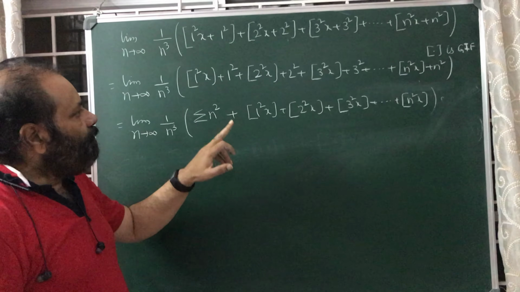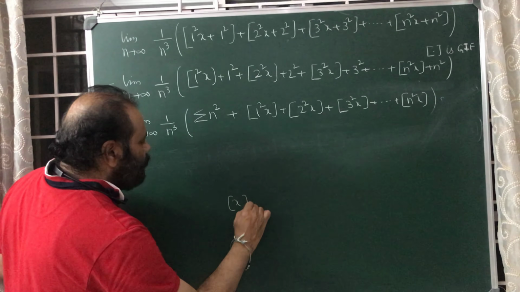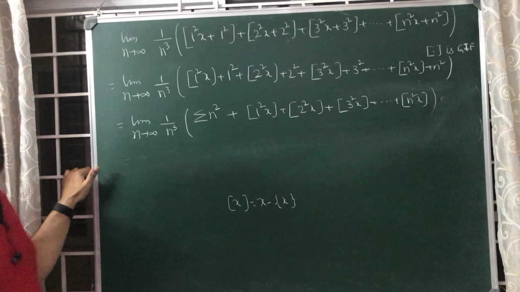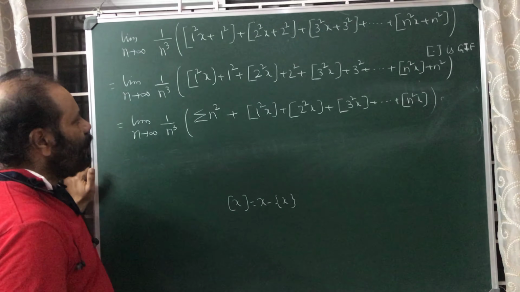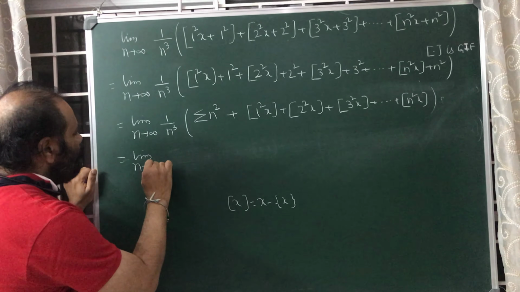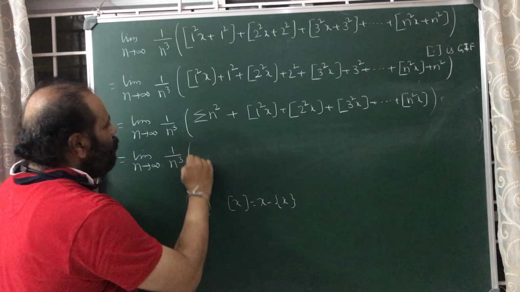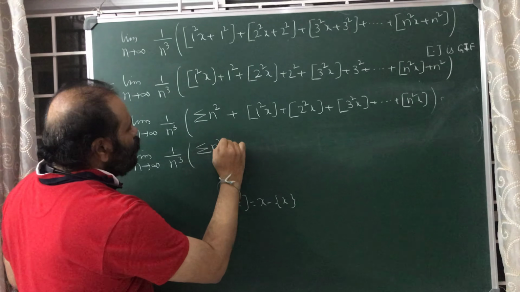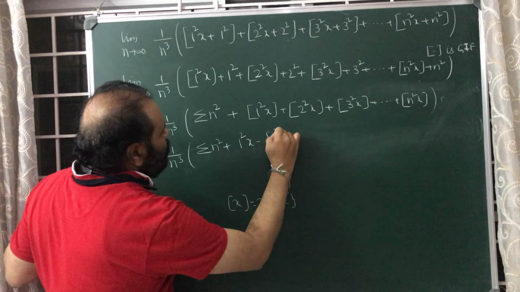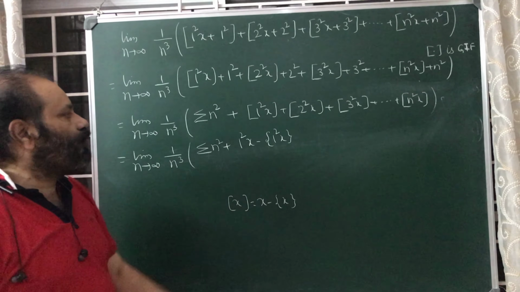Next part: we know that step x can be expressed as x minus the fractional part of x. So I write the same thing as limit n tending to infinity 1 by n cube into sigma n squared plus 1 squared x minus fractional part of 1 squared x, because step x equals x minus fractional part of x.